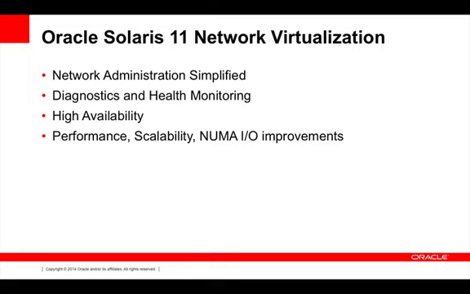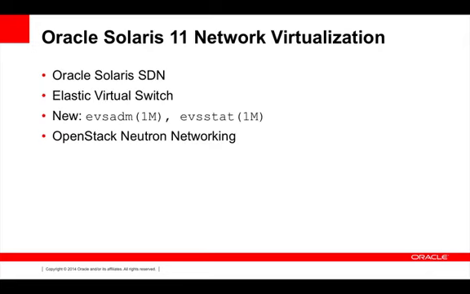What we try to do is provide an OS-like environment to manage a distributed virtual switch. So we provide, for instance, a simple-to-use command to administer your elastic virtual switches. You can go on your controller node and create a virtual network for your data center in a single command, right?